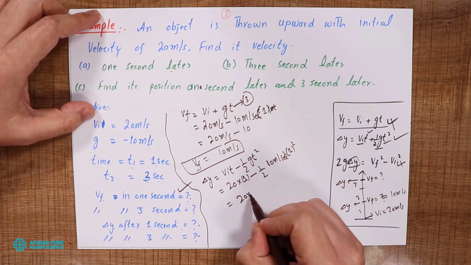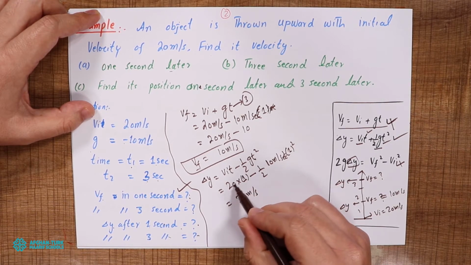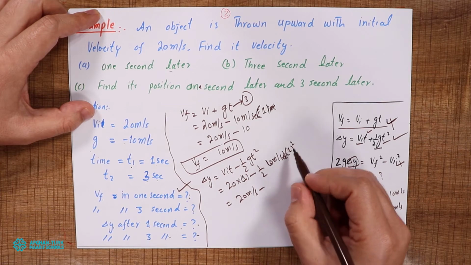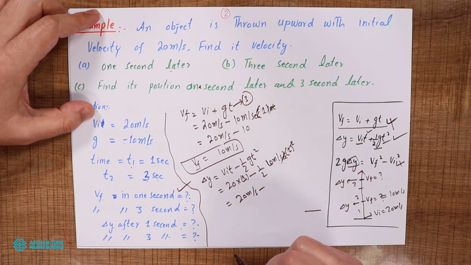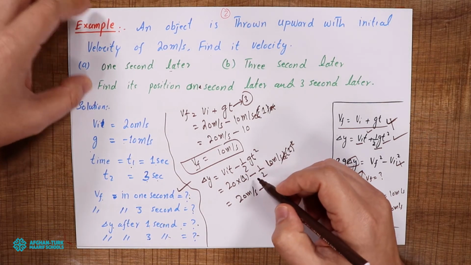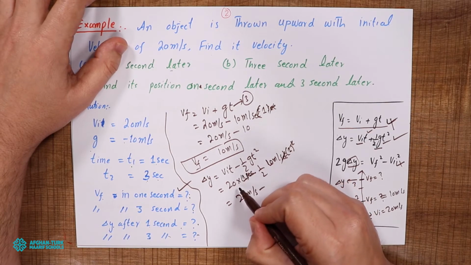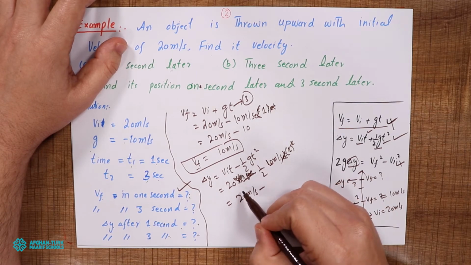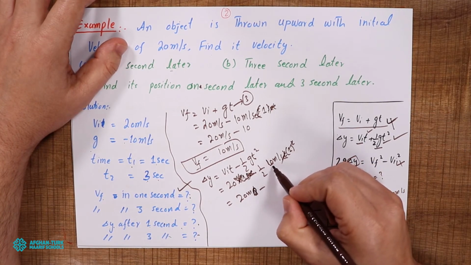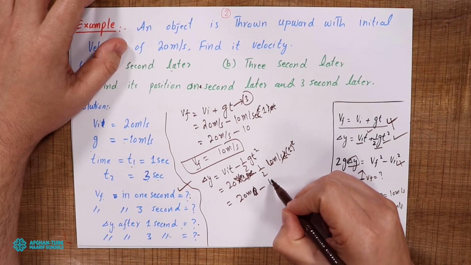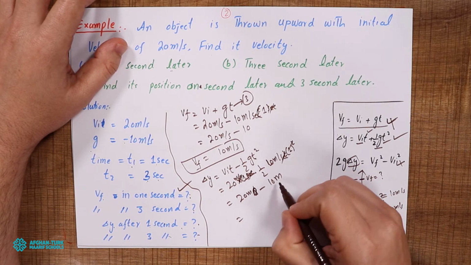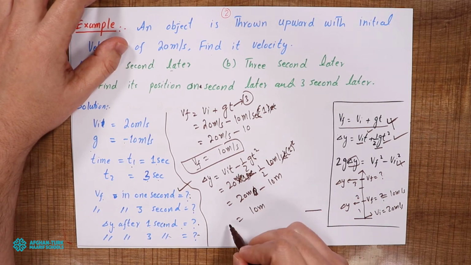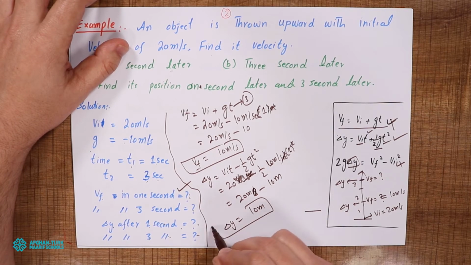This is equal to 20 meter per second multiplied by 1, minus 10 multiplied by 1, so the square will be cancelled with that square. Here is meter per second, so second will be cancelled with second, so here is 20 meter, and the remaining part is minus 10 meter. If we calculate that, 20 minus 10 meter is equal to 10 meter. So this is the height after 1 second.